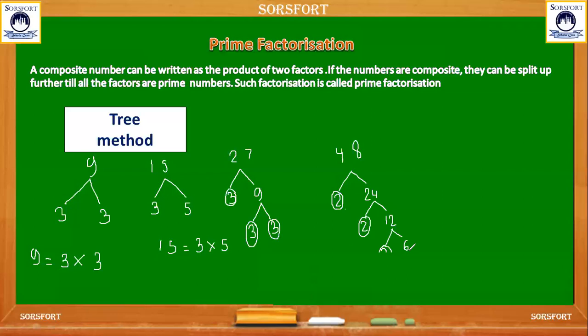So 48 can be written as 2 into 2 into 2 into 2 into 3. Hence you have understood how to find prime factors by the tree method.